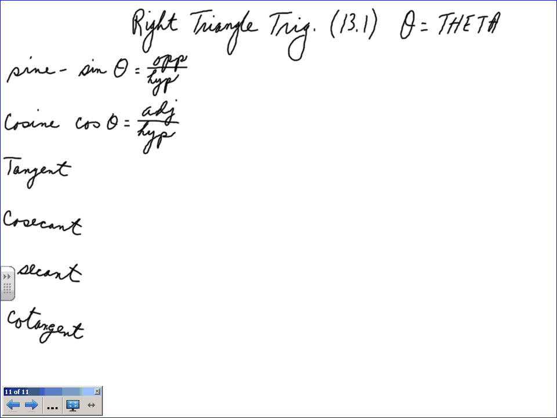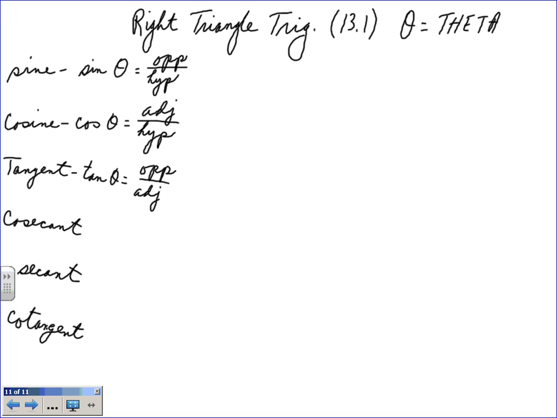Adjacent, meaning, what's adjacent mean? Next to, right. Okay. Tangent, which is abbreviated TAN, of an angle, is equal to the opposite side over the adjacent side.